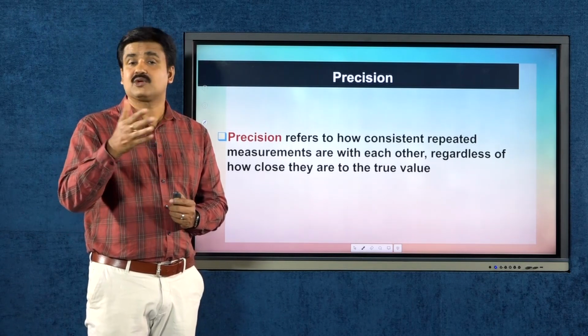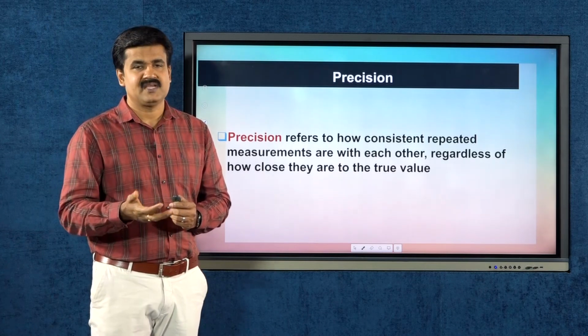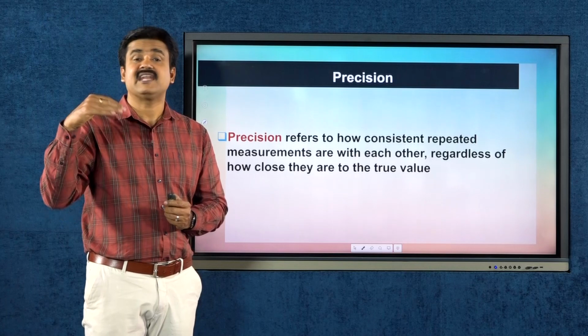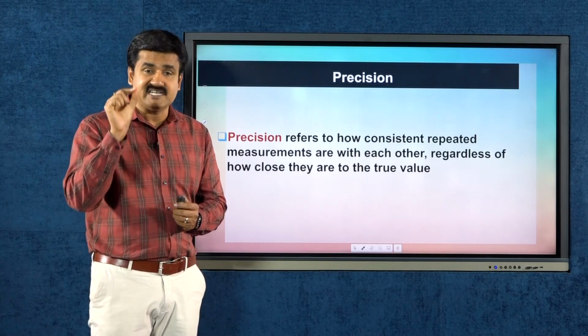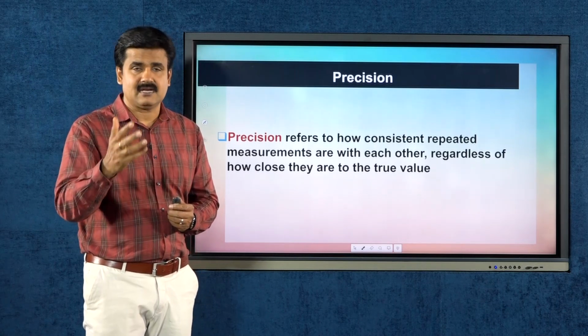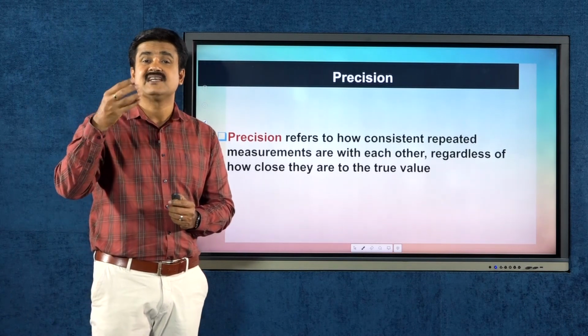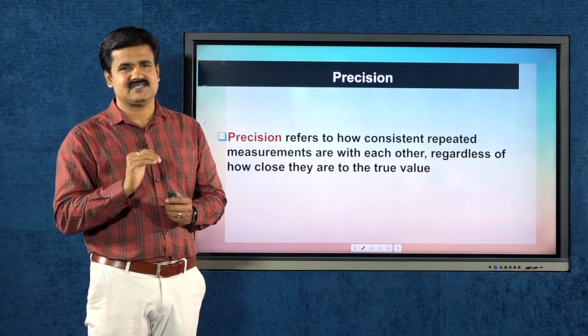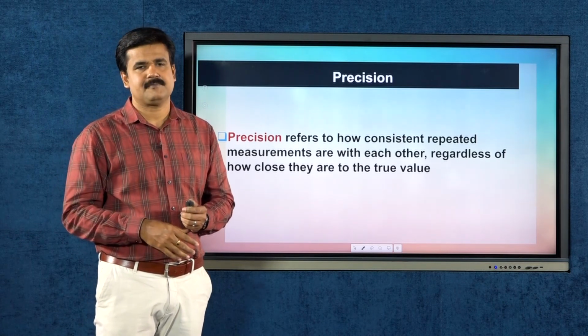But that closeness never implies that the result is true. We know the actual value is 9.8, but I got 3 values as 9.6, 9.61 and 9.6 again. So, these 3 values are very close to each other, so they can be considered precise values, but these precise values never imply accuracy.